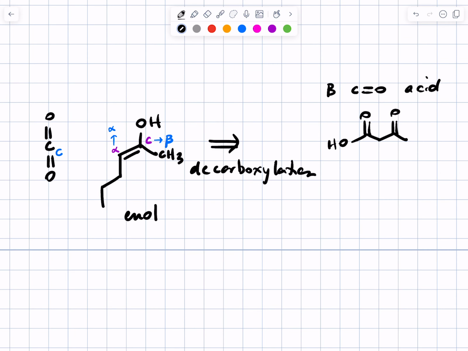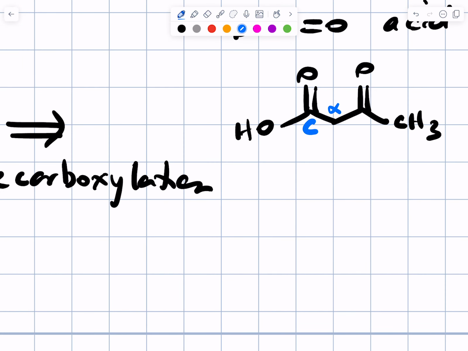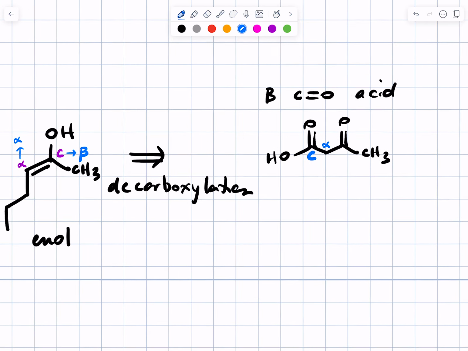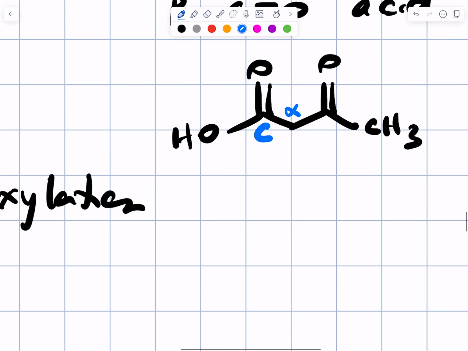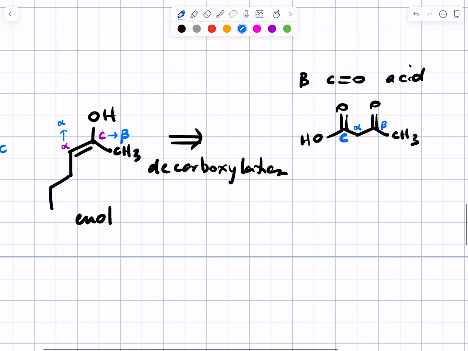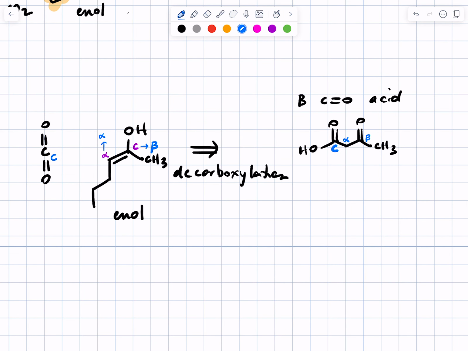The methyl group on the enol coincides with the methyl group here. Here is the carbon that ends up as CO2. Here is the alpha carbon that ends up as the purple alpha carbon of your enol. And then here is the beta carbon of your beta keto acid that ends up as the carbonyl carbon of your enol.